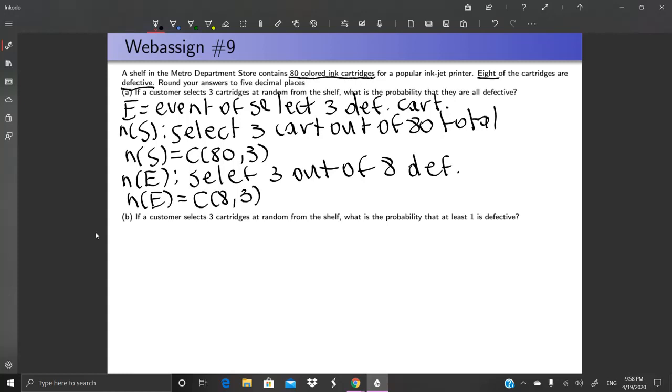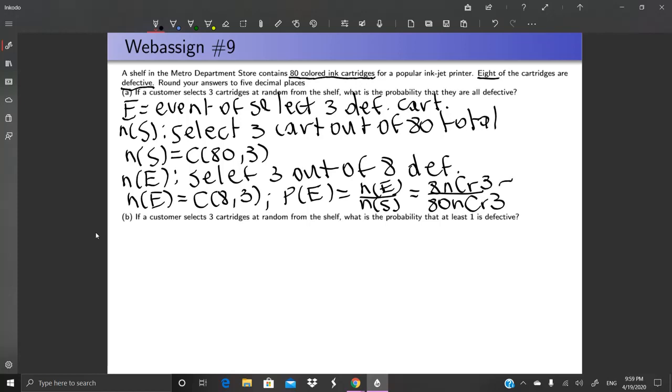And then you end up with the probability of E equal to N of E over N of S, which is equal to 8 nCr 3 divided by 80 nCr 3. Enter that into your calculator and this is what you'll get.